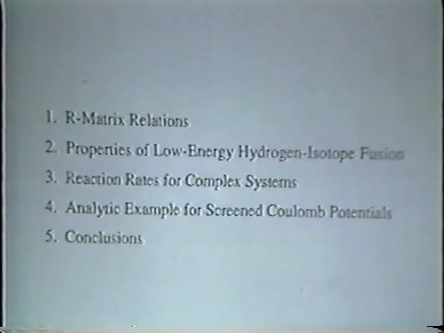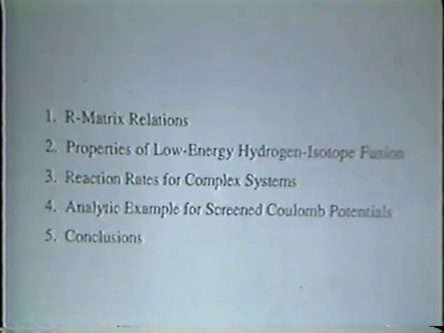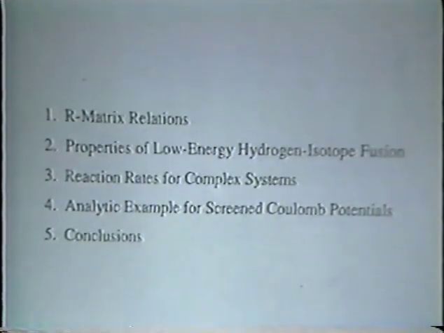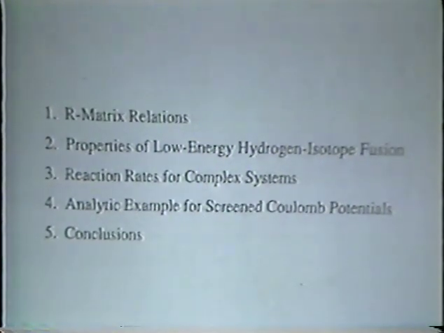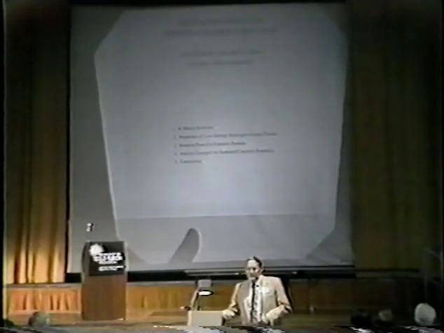Actually, the idealizations that I'll discuss will be very simple versions of those complex systems. And in particular, I'll talk about an analytic example in the case of a screened Coulomb potential for which you can solve the problem without having to resort to a numerical solution. And finally, of course, I'll make some conclusions.